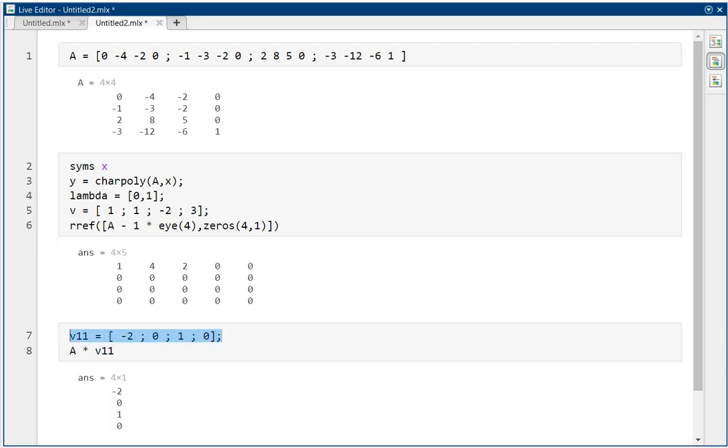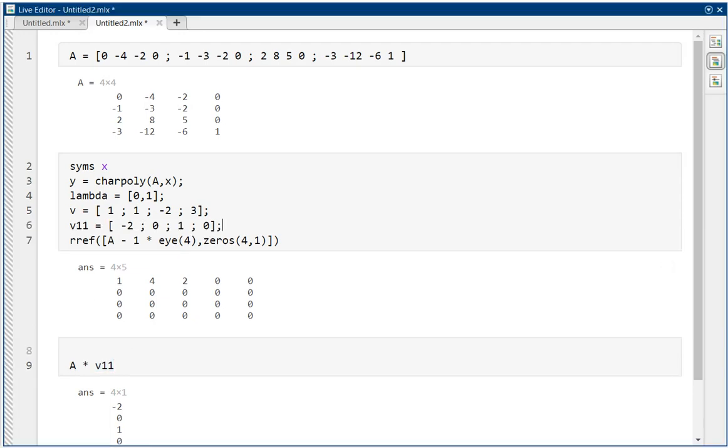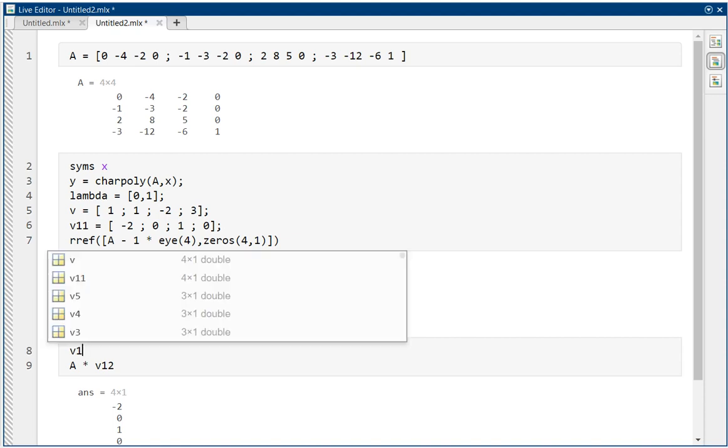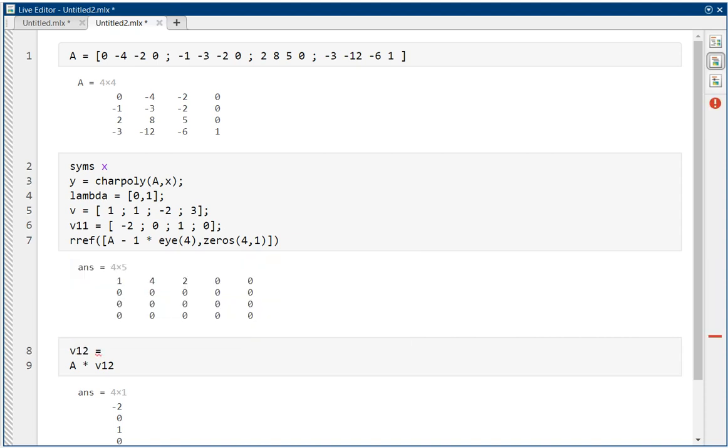Okay, so let's take v sub 1,1 and put it up here with V, so we're getting closer. And then let's create our vector v sub 1,2. So I want a minus 4, and then a 1, and then a 0, and then a 0, right?